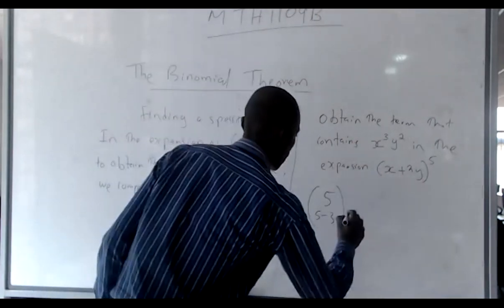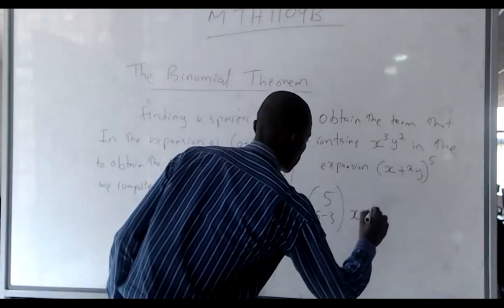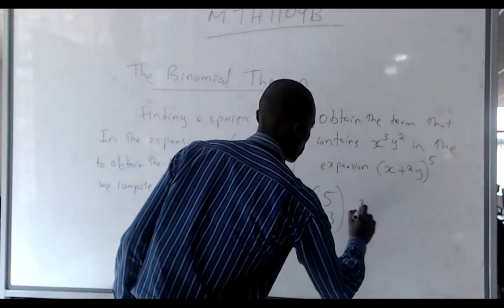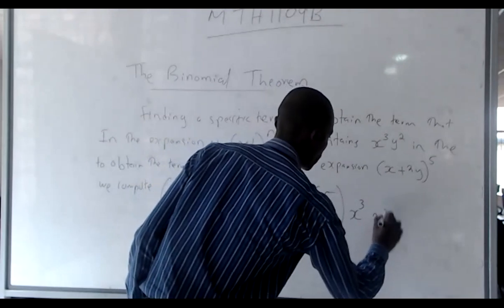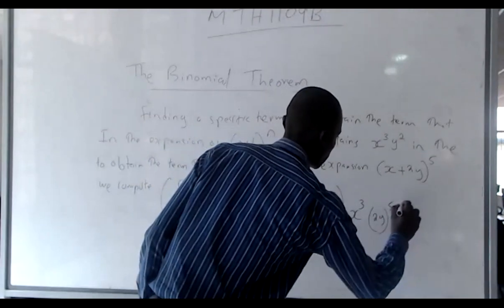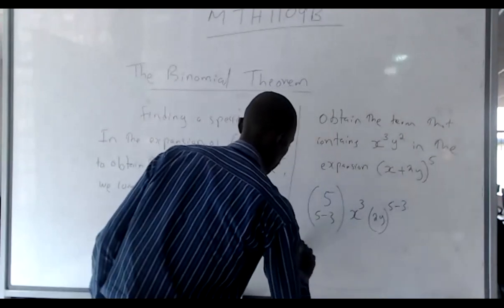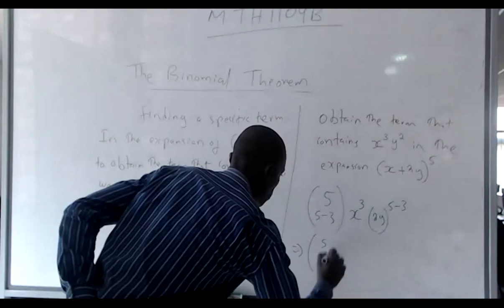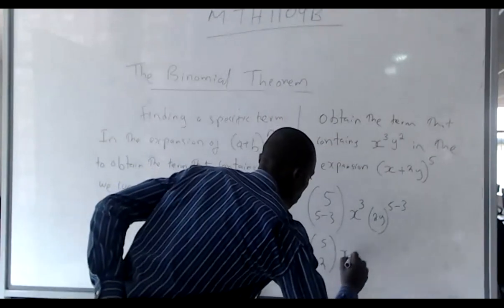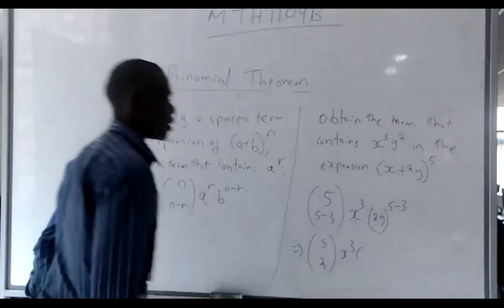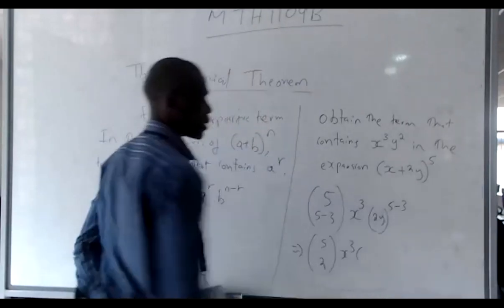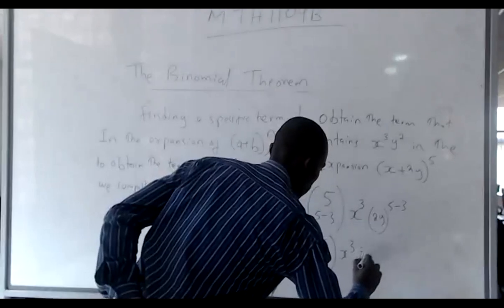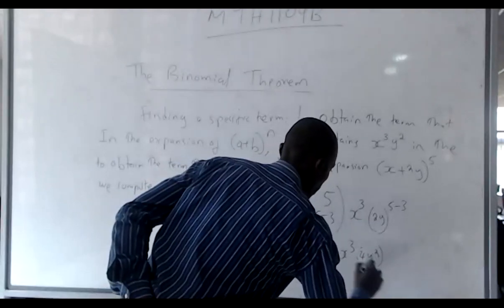And then here, I should have x, the first term, cubed, and then 2y raised to 5 minus 3. So what does this give? 5 combination 2, then x cubed, and 2y, so 5 minus 3 is 2, (2y) squared is just 4y squared.